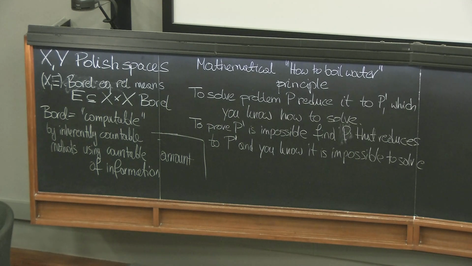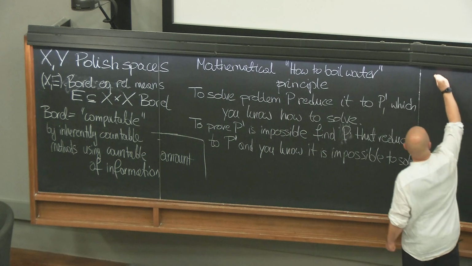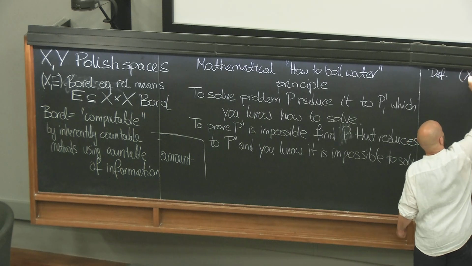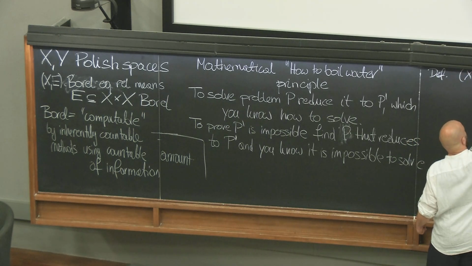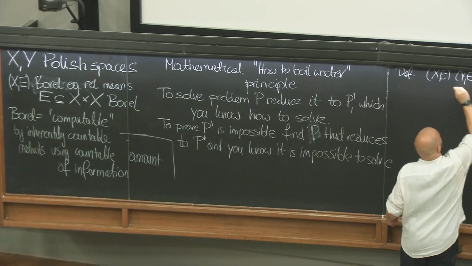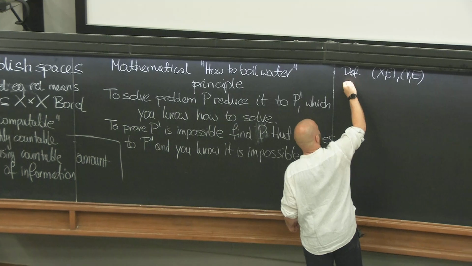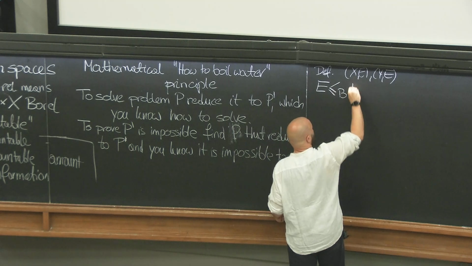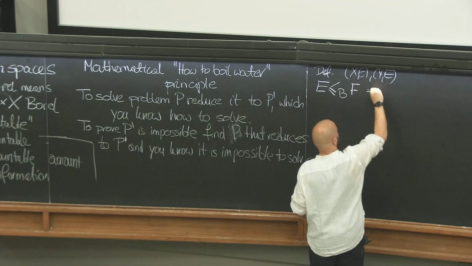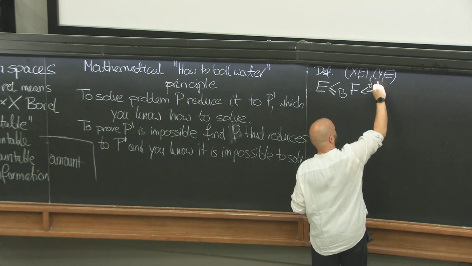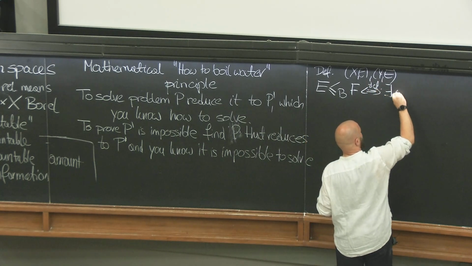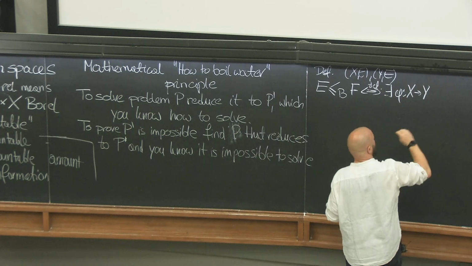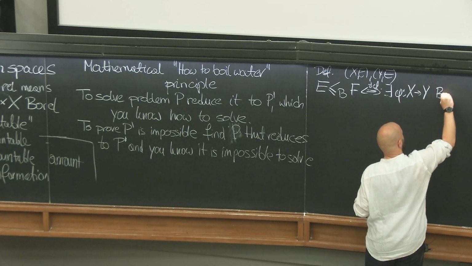So what is now a reduction? Let me recall this definition. We have two equivalence relations, E and F, on two Polish spaces, and we say that E Borel reduces to F if, by definition, there exists a transformation phi from one space to the other which is Borel.